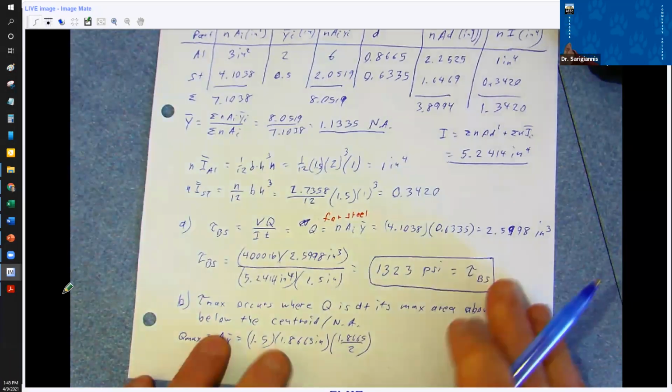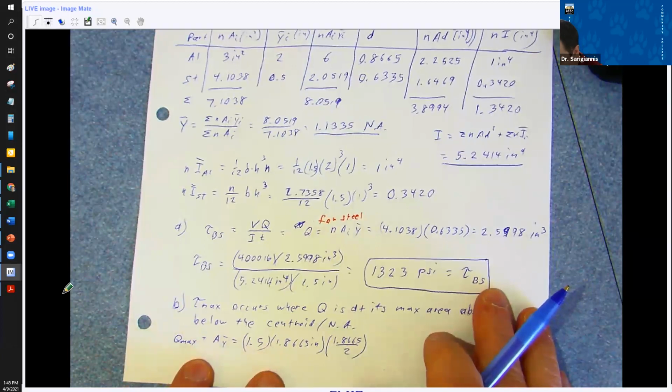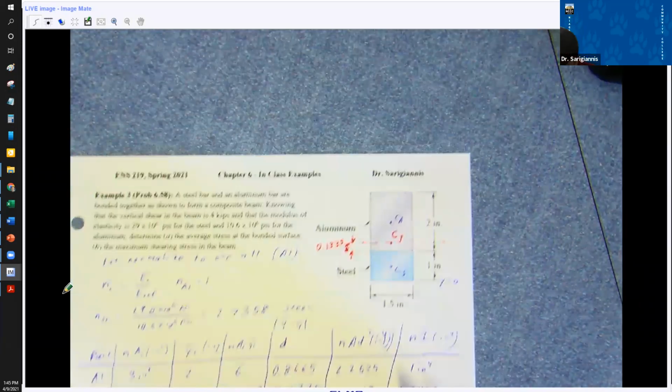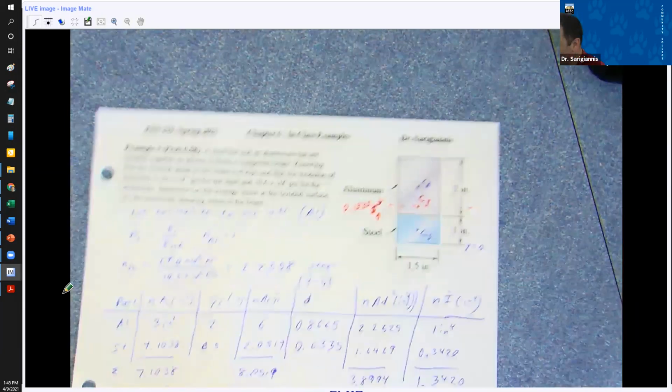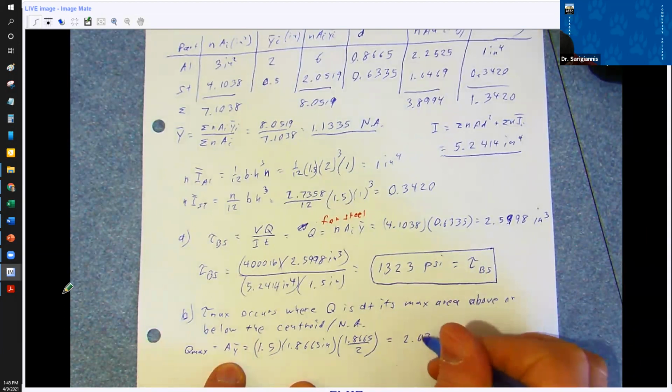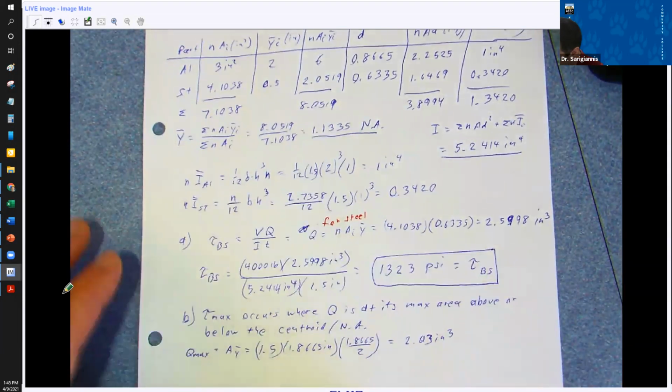The distance between the centroids is just divided by 2, because it's the centroid of the area above the neutral axis, not the centroid of the aluminum. It's the centroid of the area. So here we have 2.613 inches to the third.